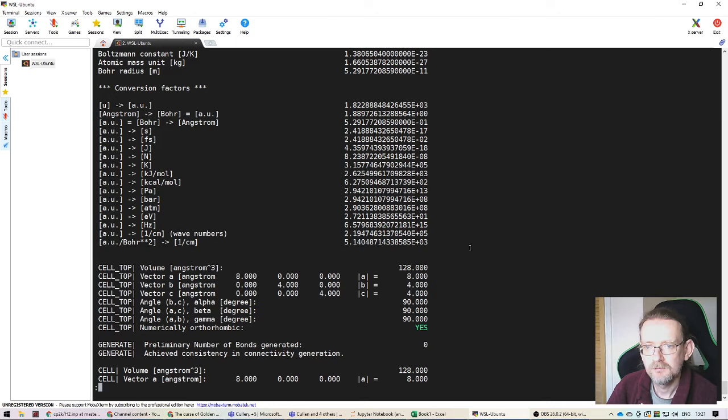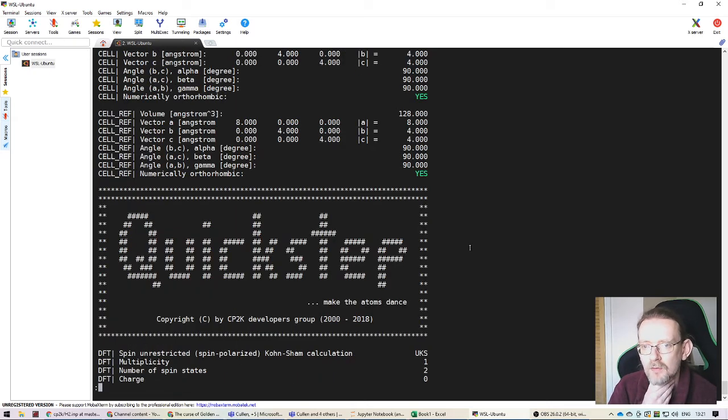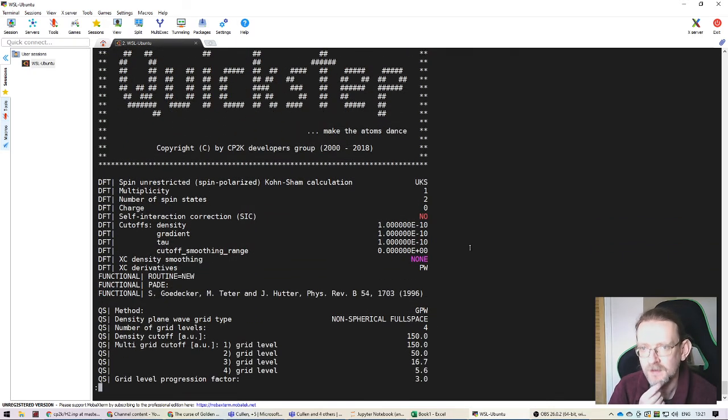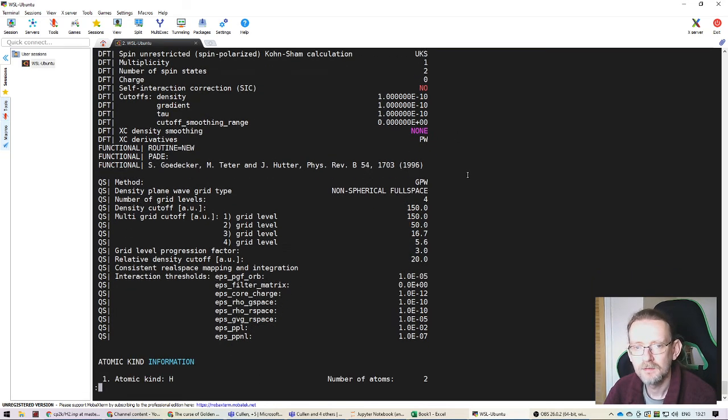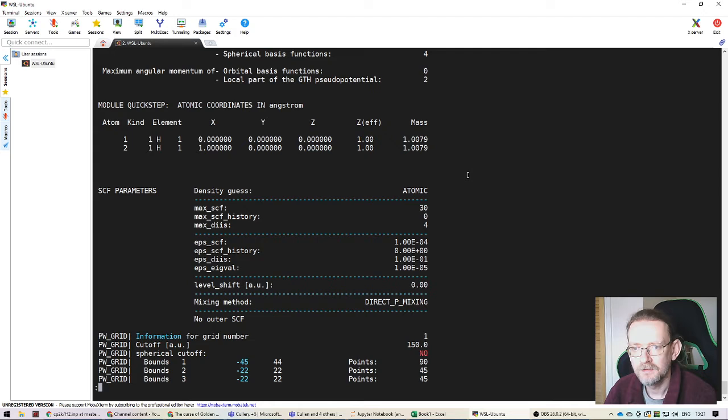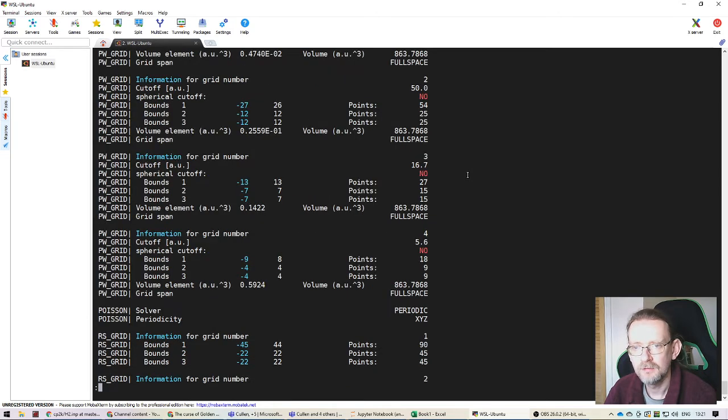We've got some stuff from before, but now it tells us we're doing a density functional calculation. Lots of technical details that we don't need to know.